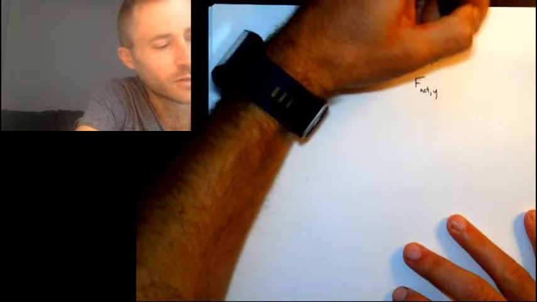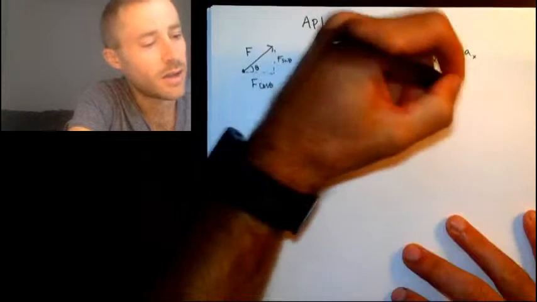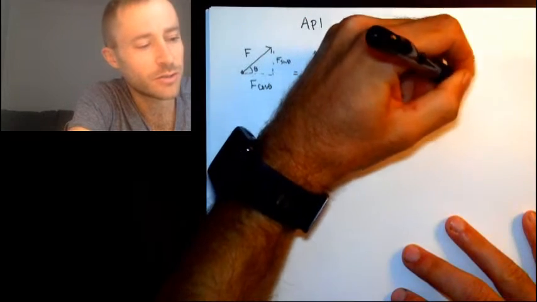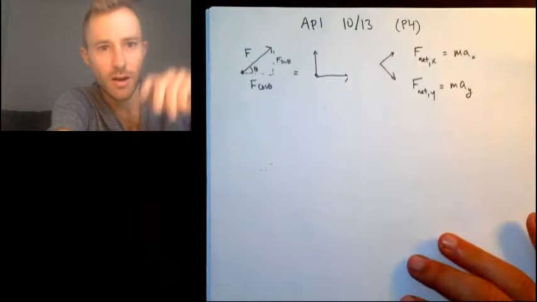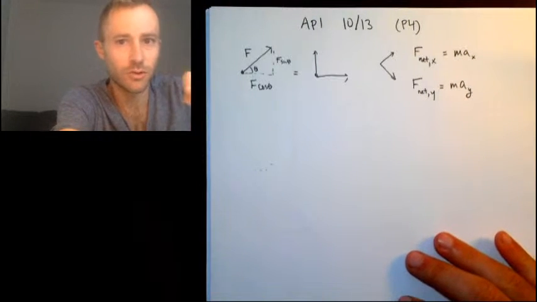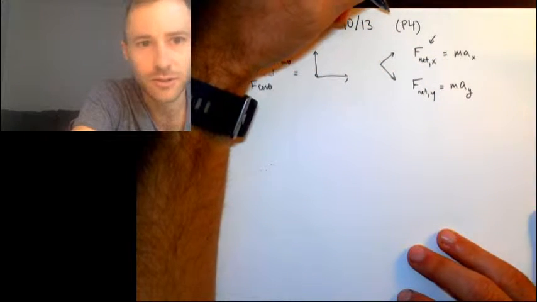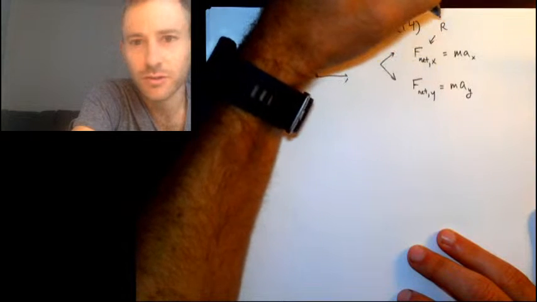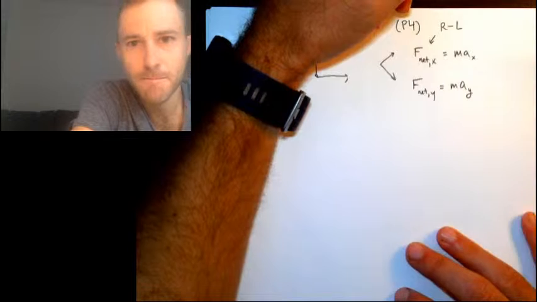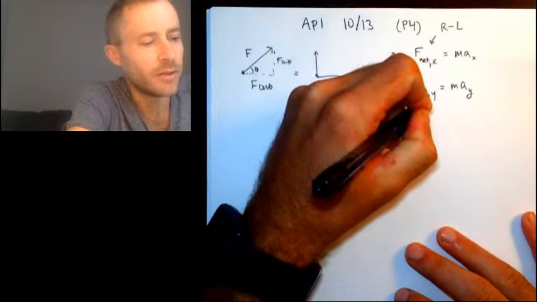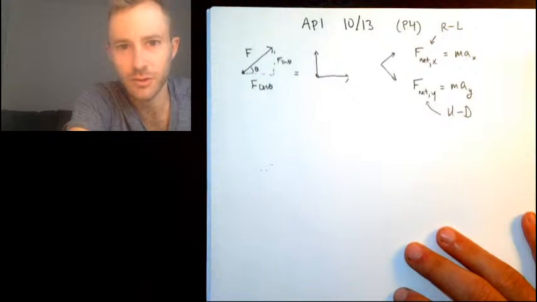The net force in the x direction is mass times the horizontal acceleration, and the net force in the y direction is mass times the acceleration in the y direction. So Newton's second law applies both vertically and horizontally. To remind you, the net force in the x direction is the right forces minus the left forces, and the net force in the y direction is the up forces minus the down forces.